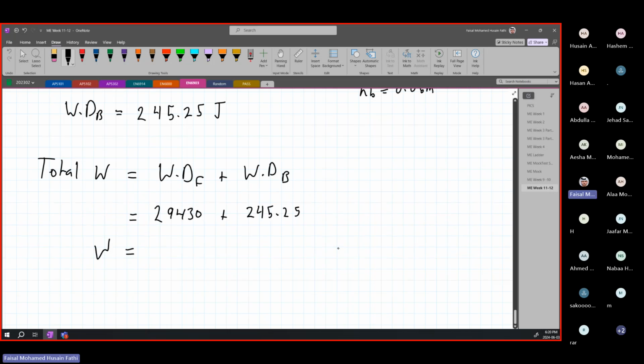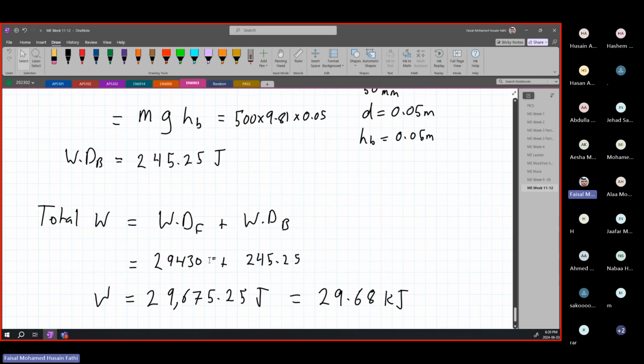Therefore, our total work is going to be 29675.25 joules, or you can say that this is 29.68 kilojoules. Because this is in the thousands, we can just make it simpler like this. This is not a requirement. As long as you know how you got this, this is all that is needed. All right? Is this clear?